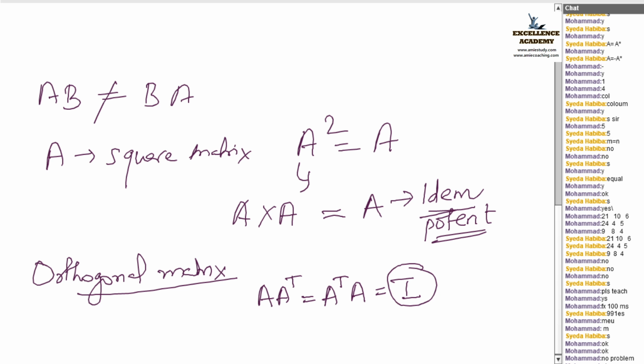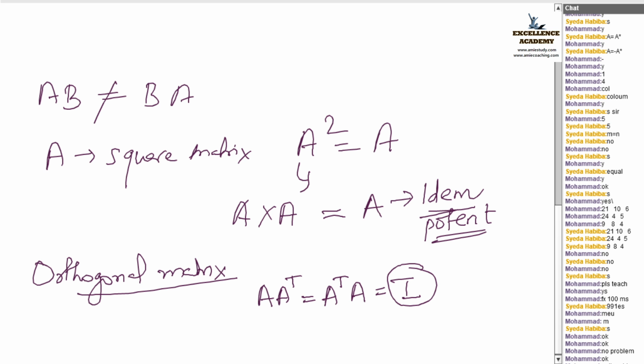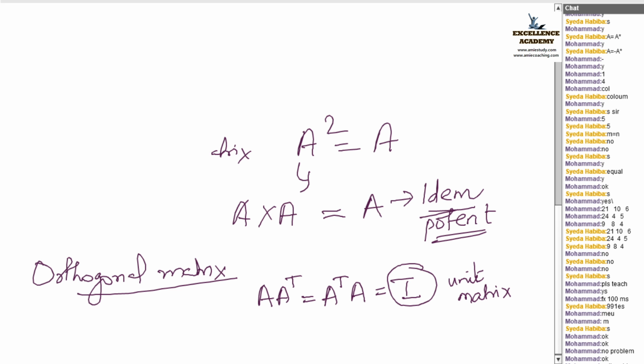What is this I referring to? Unit matrix, right? If A transpose A is equal to I, then we call that matrix an orthogonal matrix. Is it clear, Saida and Mohammed?